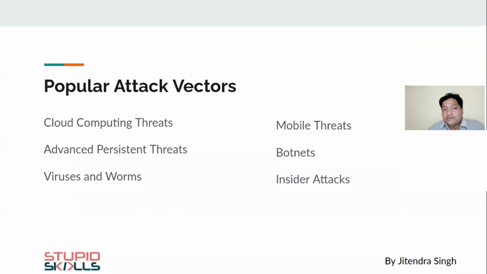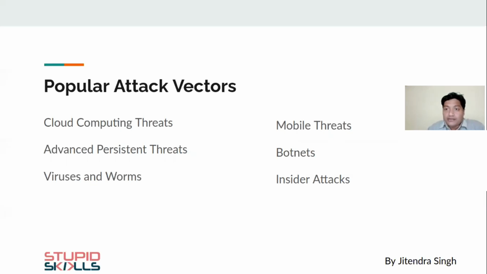Say it is possible from the cloud computing side, or from more advanced and sophisticated actors performing as APTs, advanced persistent threats, or from existing viruses and worms, which your antivirus can filter out in the network and identify.